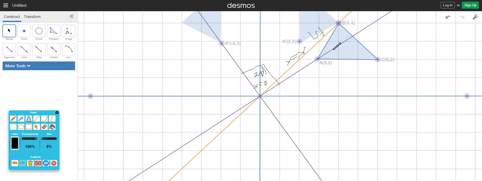Here's my first, and I've got it reflected over here. So this bit and this bit are both 45 degrees. Okay. Interesting, right?